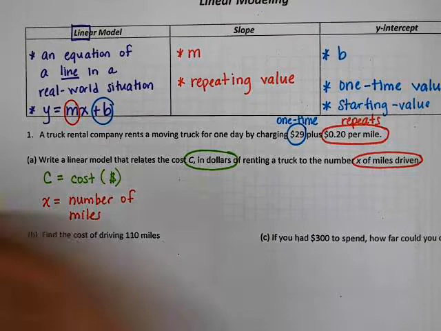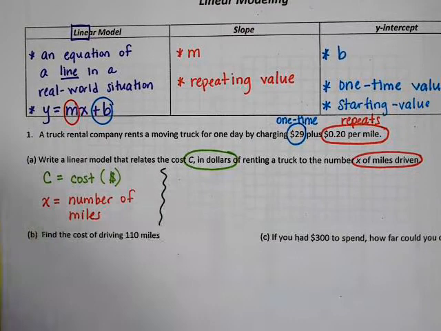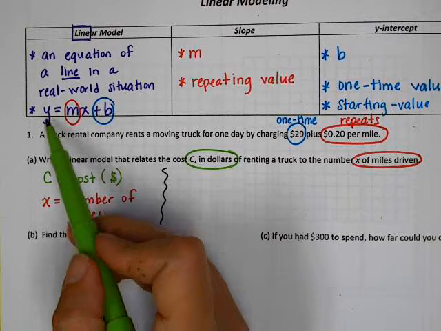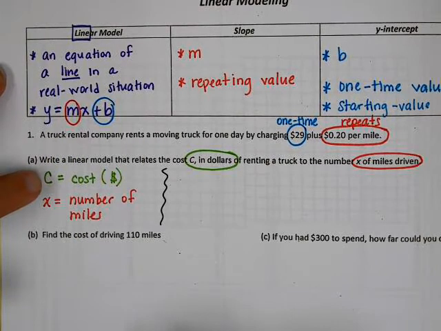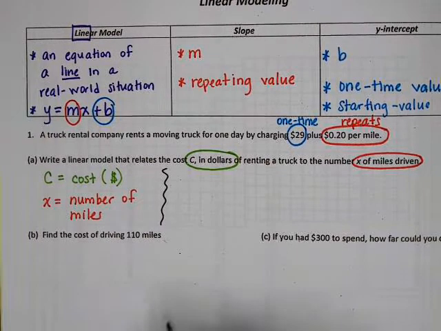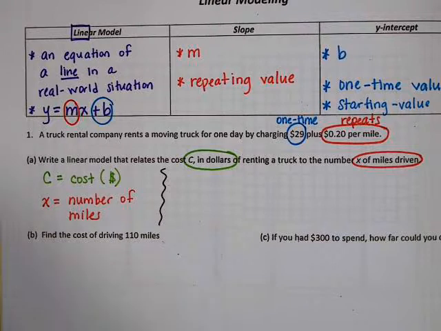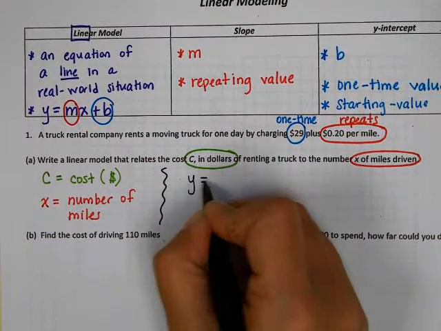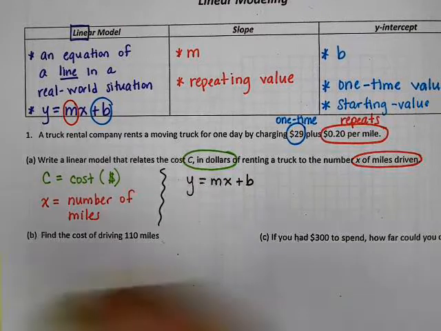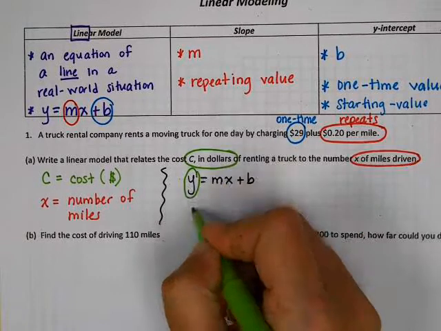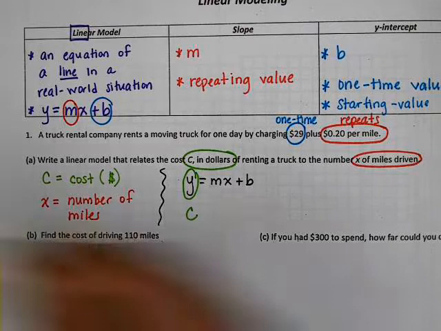To write the equation, I would start like this. Normally I say y equals mx plus b, but in this problem they're telling me use c and x instead of y and x. So I would start with y equals mx plus b, and I would replace the y with c equals.